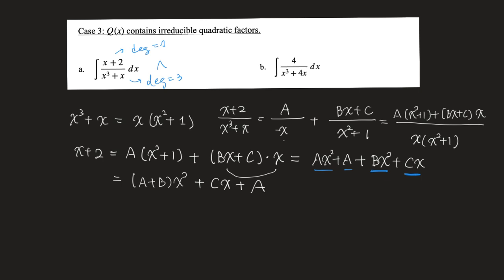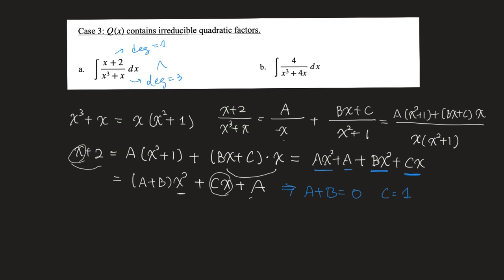Comparing left and right side, can you see it? Left side, there's no x squared, so A plus B should be 0. Comparing the next one, here is x, here is C times x, so C value should be 1.